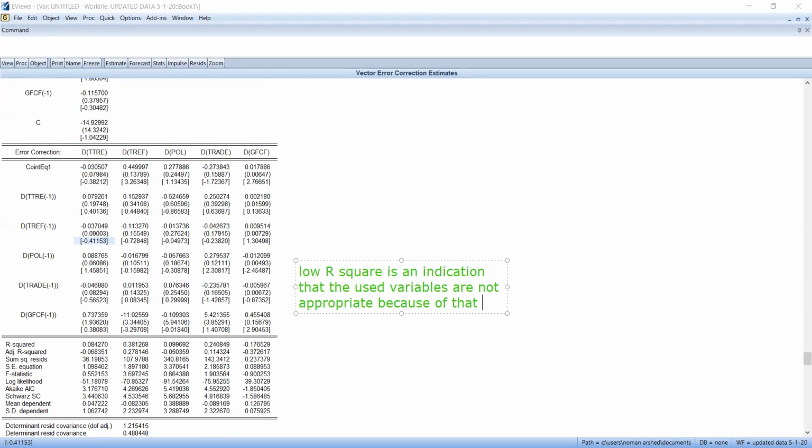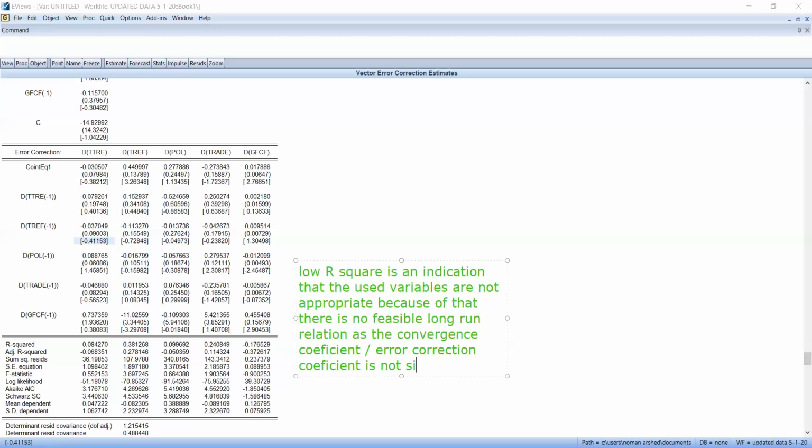Because of that, there is no feasible long run relation, as the convergence coefficient, or error correction coefficient, is not significant. So this way you need to go back and select appropriate variables.